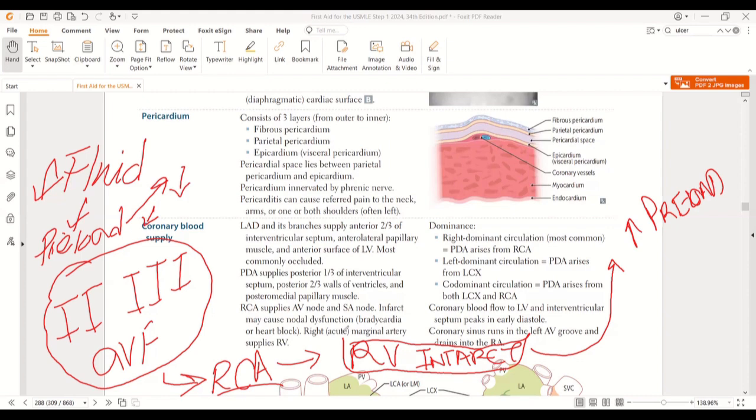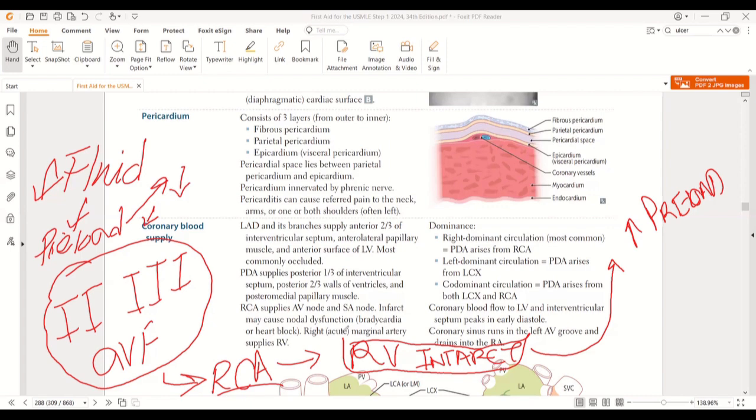Right. But in other types of MI, we give the nitrates to decrease the preload. We also avoid the beta blocker if the patient presents with bradycardia, and you noted that the patient is suffering from right ventricle infarct on the ECG.